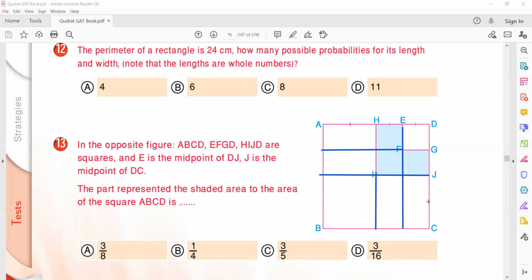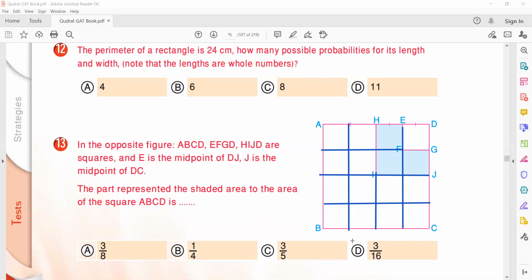Also divided by 2. I divided it into the smallest squares.